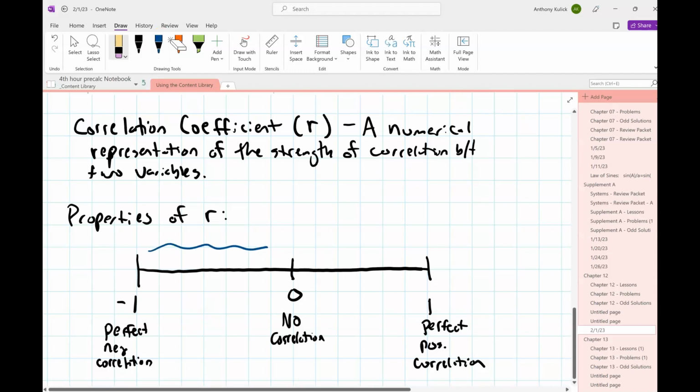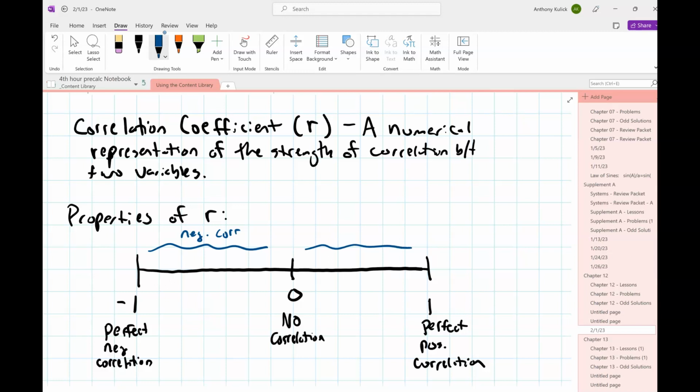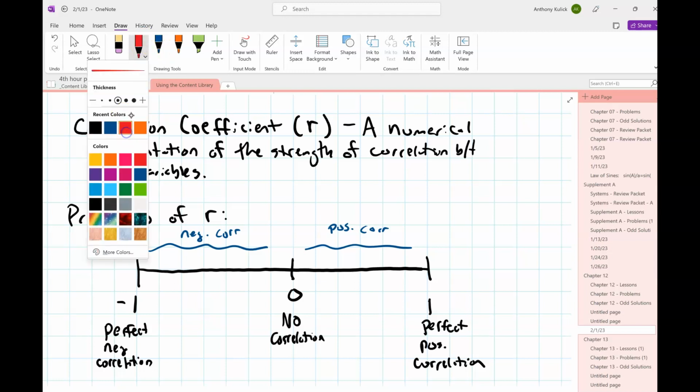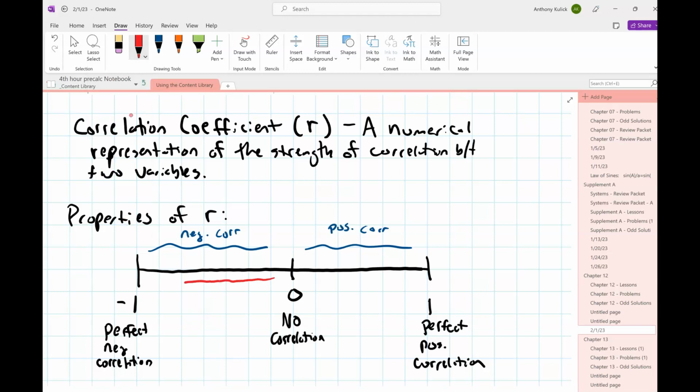So for negative values of r, we say we have negative correlation. For positive values of r, we'll say we have positive correlation. And then as we move closer to -1, our correlation is getting stronger.